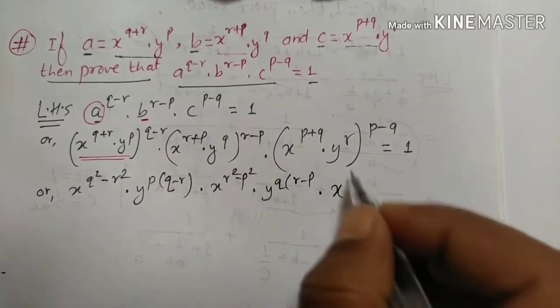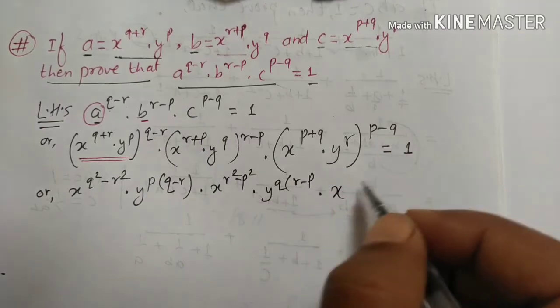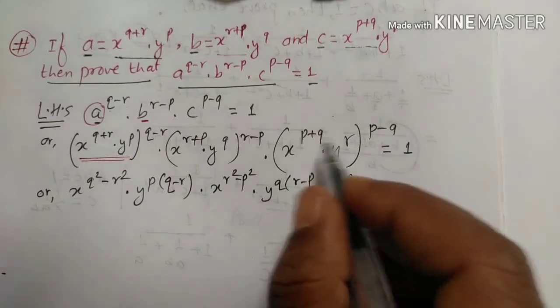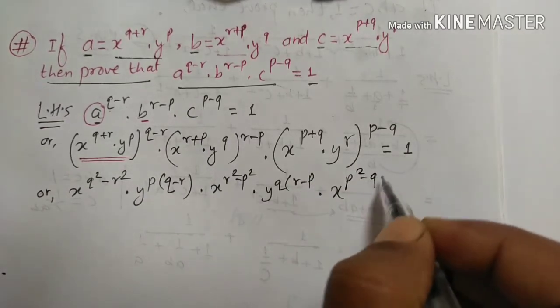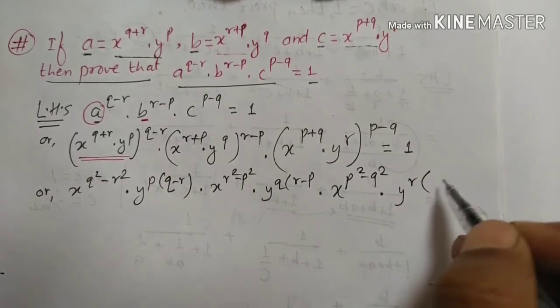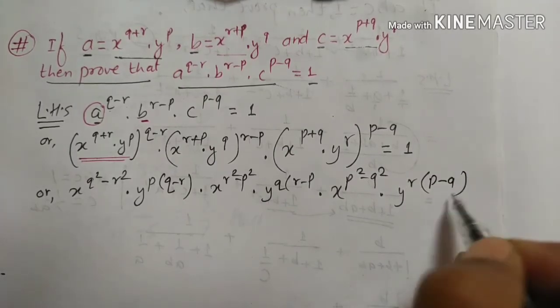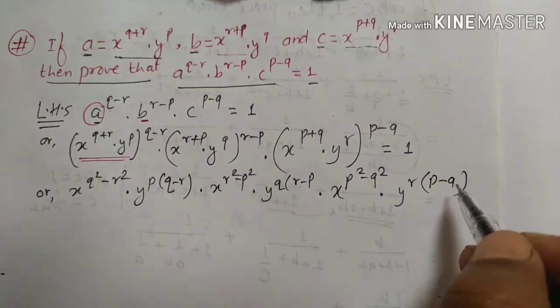And x power a plus b times a minus b will be, that means p plus q, p minus q, p square minus q square, times y power r times p minus q.